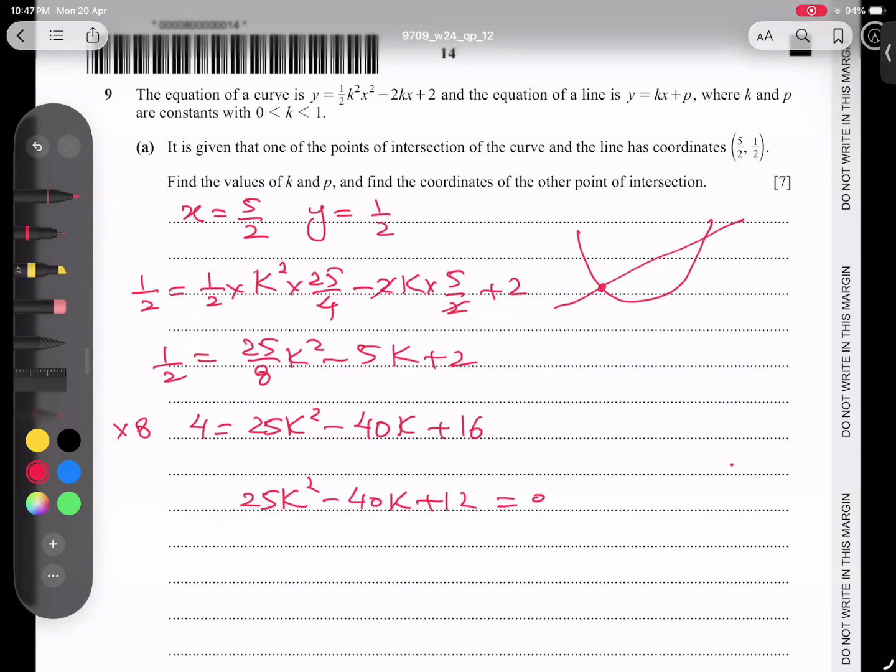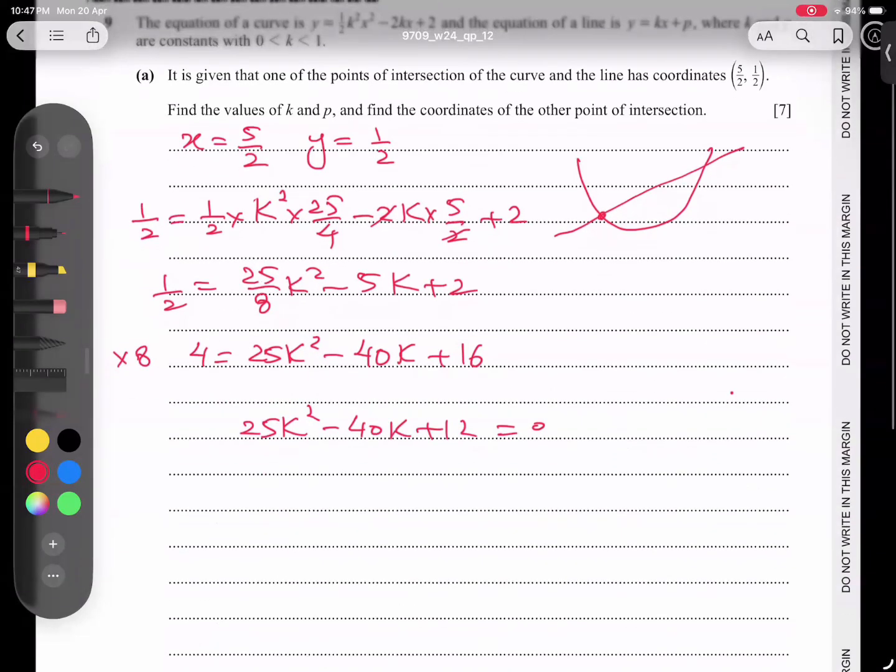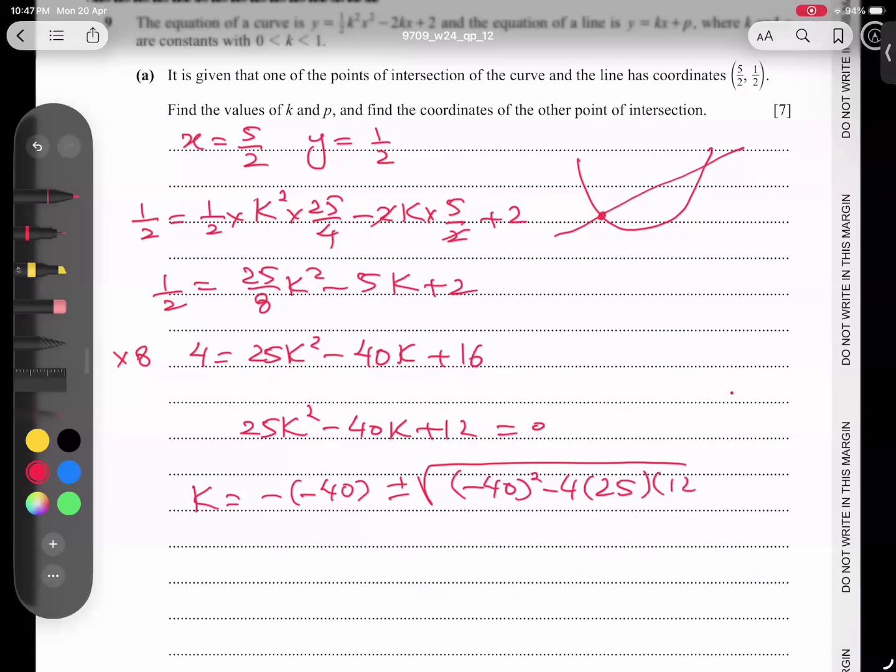Now we can go for k values, and I think we can go for the quadratic formula. Negative b plus and minus square root of b square minus 4ac, divided by 2a.